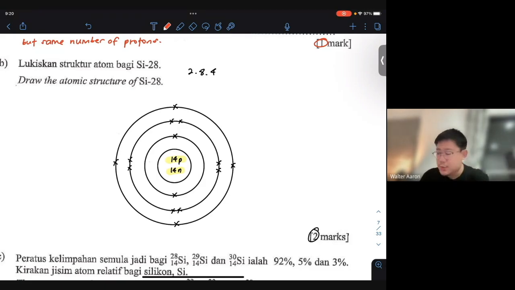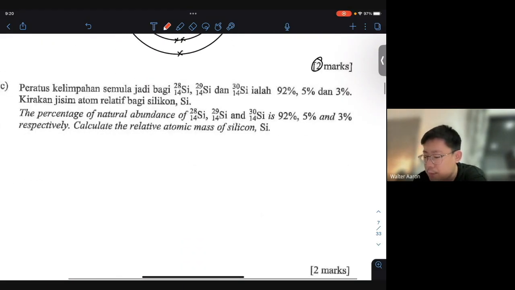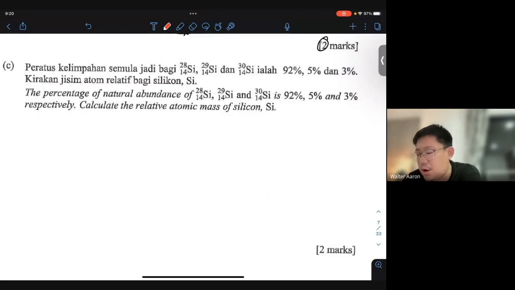So it's quite easy so far, right? No problem. Now the next one will be a bit tougher. The percentage of natural abundance of silicon-28, silicon-29, and silicon-30 is 92%, 5%, and 3% respectively. Calculate the relative atomic mass of silicon.